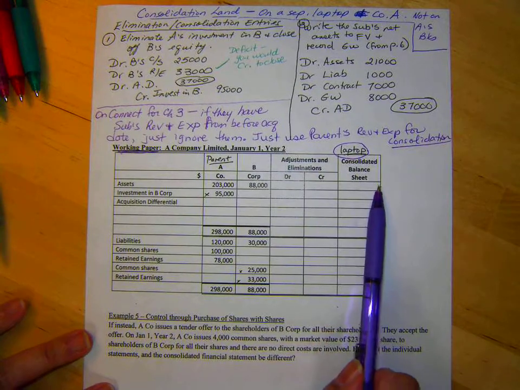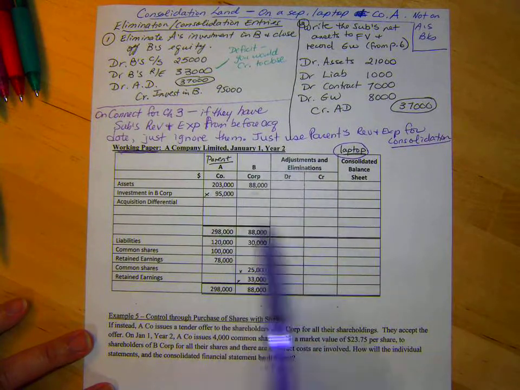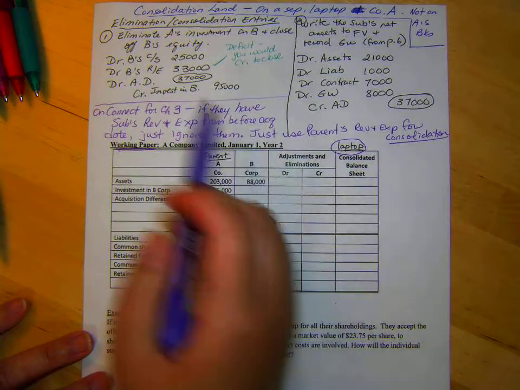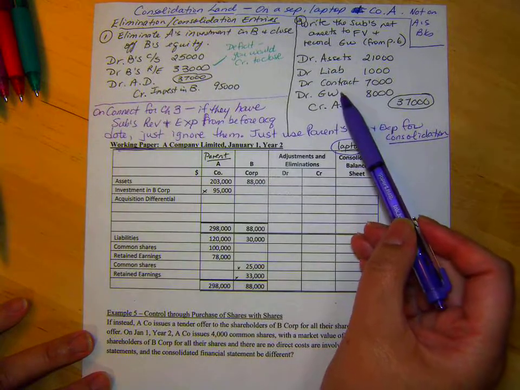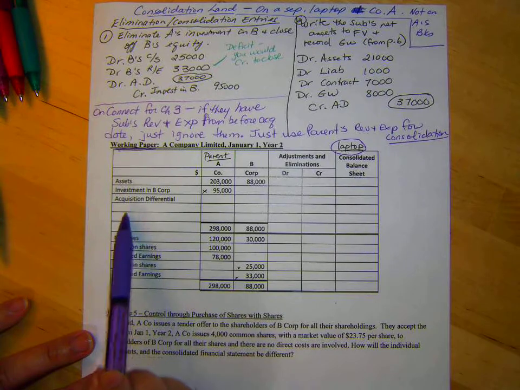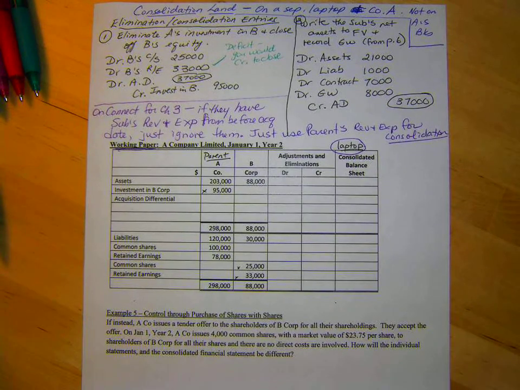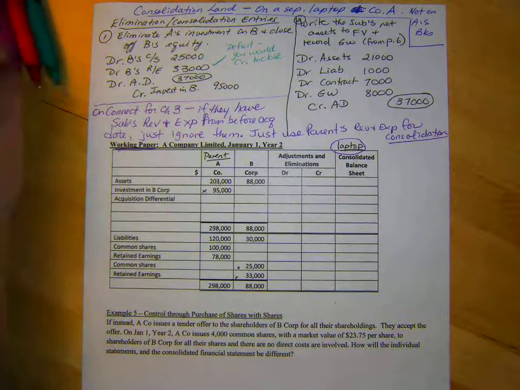And then go across and add the different things. You can get a consolidated balance sheet. Don't forget, this contract and goodwill, it's not already there. So you're going to have to put them in. There'll be a space left. Okay, so go ahead and do that. I'm going to go on to the next video.